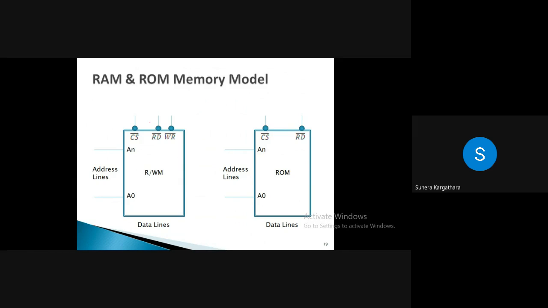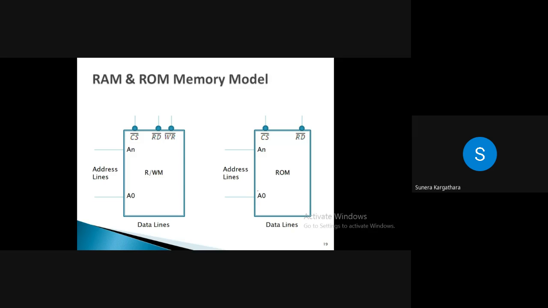If you want to connect your RAM with your microprocessor, chip selection should be there, read bar should be there, write bar should be there. These are the address lines. Here I'm keeping N because that depends upon the size of memory that you are connecting with your microprocessor. Remaining lines you can use to select your chip. Data lines are all connected, D0 to D7.